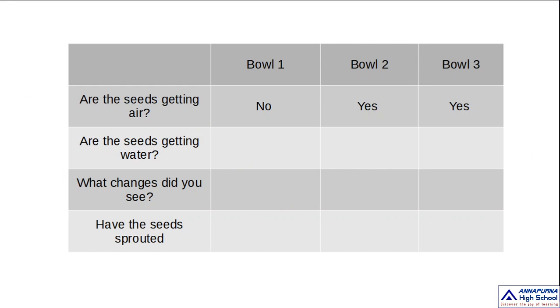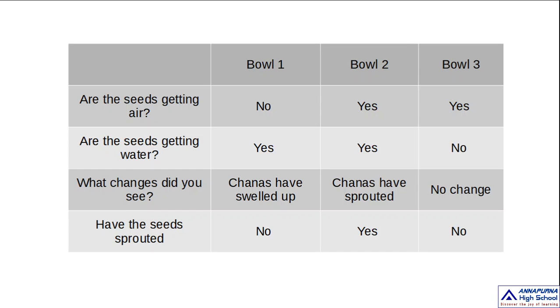Now second bowl, does it get air? Yes, it gets air. And the third one also gets air. Now you have to write these answers on your own after completing the experiment. I did the experiment, that's why I gave you answers.